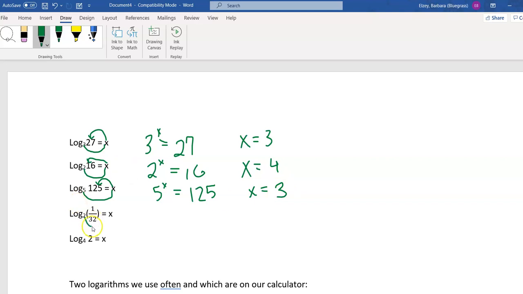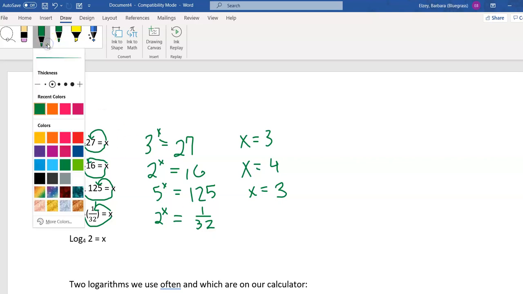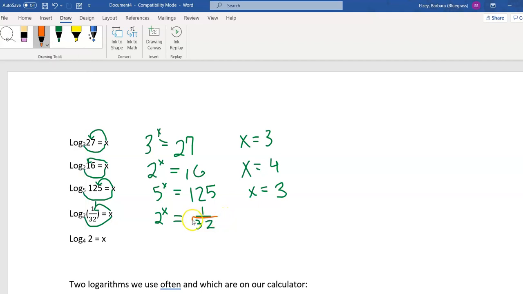All right, now this next one is a little strange. We've got 2 to the x power equals this number. So 2 to the x power is 1 over 32. Now, I want you to imagine for a moment that instead of having that fraction there, we just had a 32 over on this side.